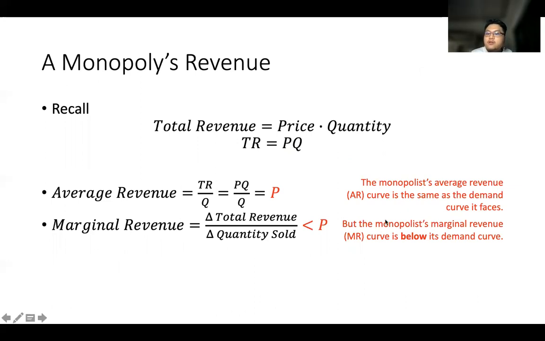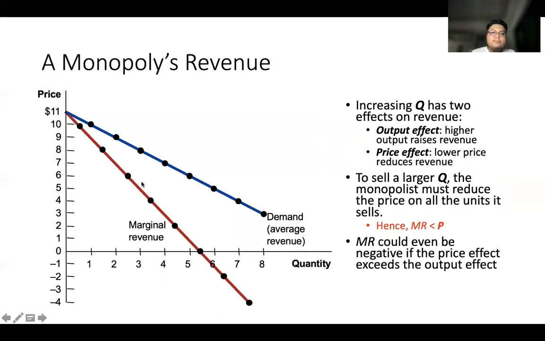So the monopolist's average revenue is the same as the demand curve, but the monopolist's marginal revenue is below it. We'll see a graph here. This is the average revenue, or the demand curve it faces, but the marginal revenue is below that average revenue. So this is what it looks like for the monopoly.